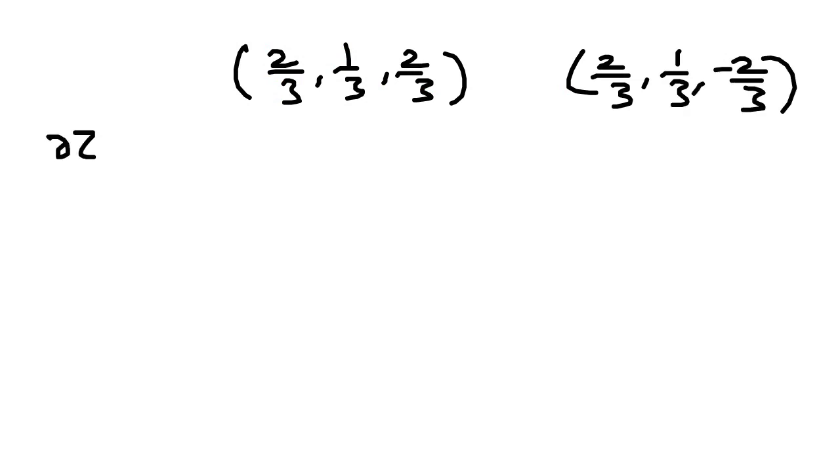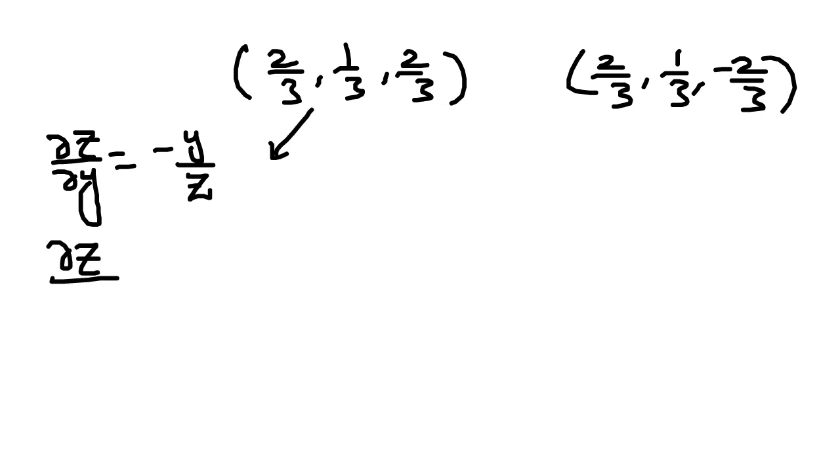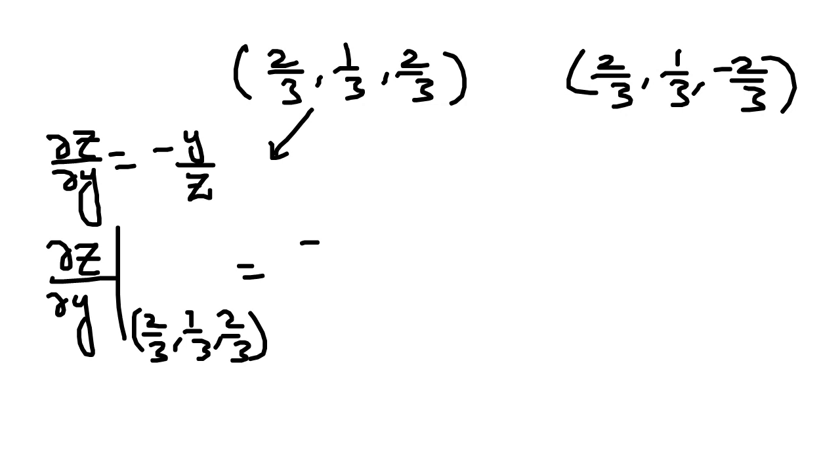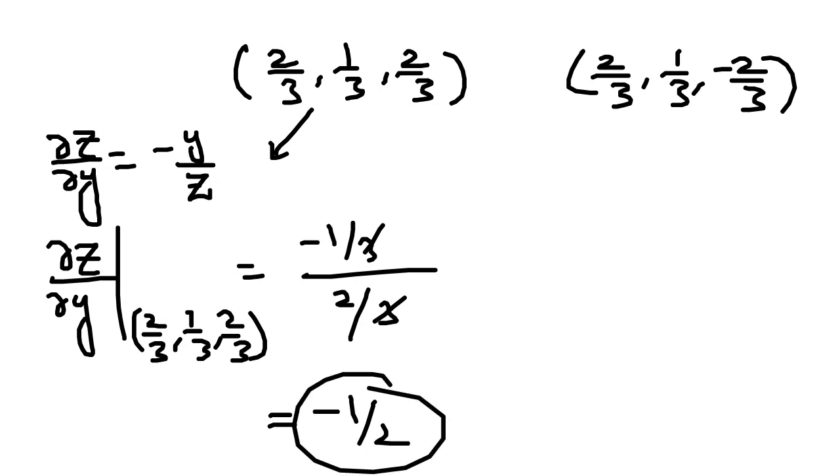And what is the partial derivative of z with respect to y? That is equal to minus y over z. So when I substitute this point, what will you get? Partial derivative of z at 2/3, 1/3, and 2/3 is equal to minus 1/3 divided by 2/3. 3 and 3 cancel, that is equal to minus 1/2.